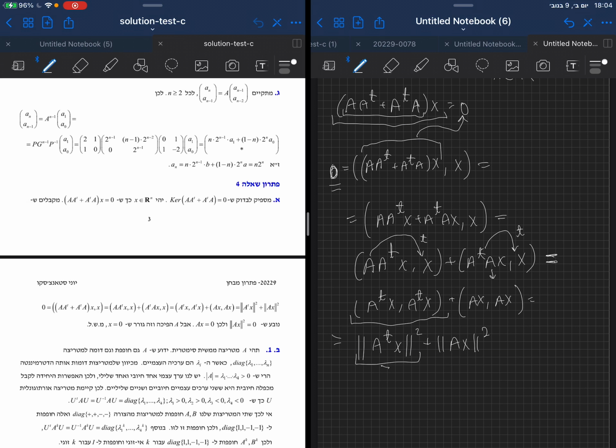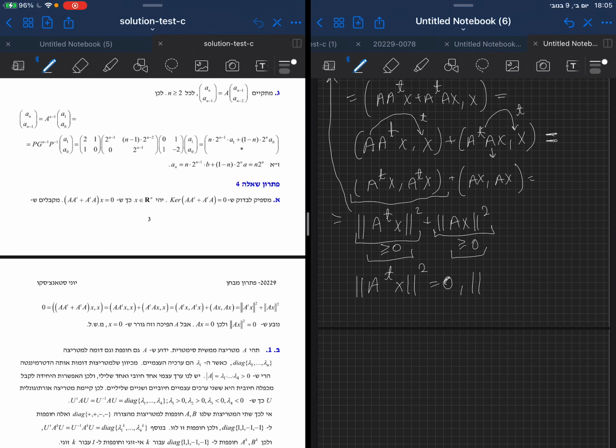So this is greater or equal 0, and this is greater or equal 0. We know that in the end, as we started with, it must equal 0. But because both are greater or equal 0, in order to equal 0, we must have that both of them equal exactly 0.